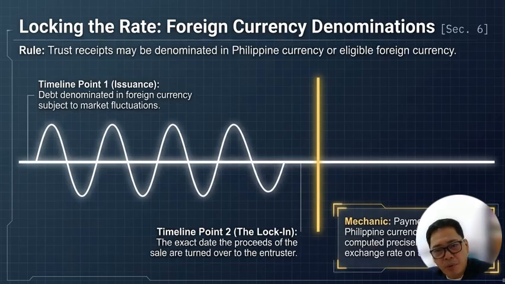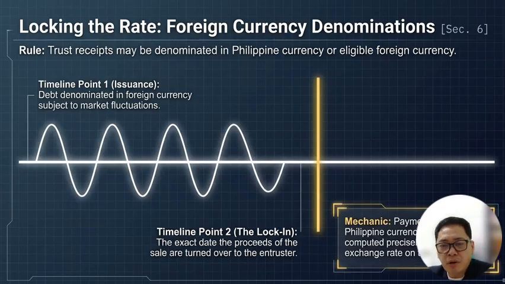The law provides financial flexibility by allowing a trust receipt to be denominated in either Philippine currency or any foreign currency that is acceptable and eligible as part of the international reserves of the Philippines. This allowance stands regardless of any existing laws, executive order, or regulations that might otherwise state the contrary.